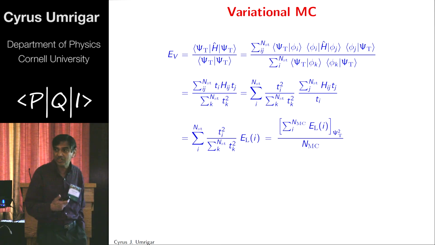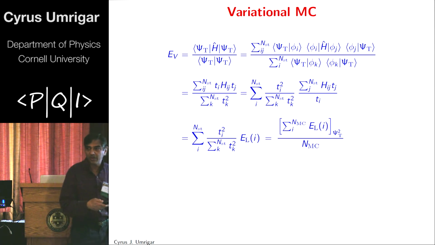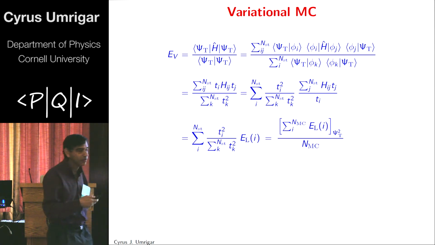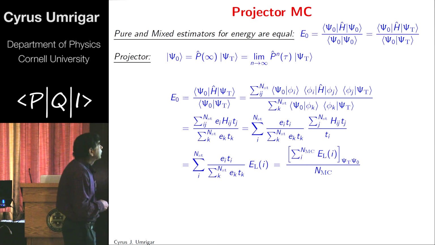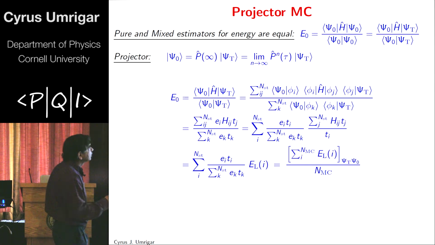Of course, you never reach that limit in practice, but it tells you that improving the wave functions gives you an enormous payback. Okay, projector Monte Carlo. In projector Monte Carlo, you take advantage of the fact that you are interested, of course, not in calculating the expectation value for the trial wave function, but for the true wave function, which I've denoted by psi 0.